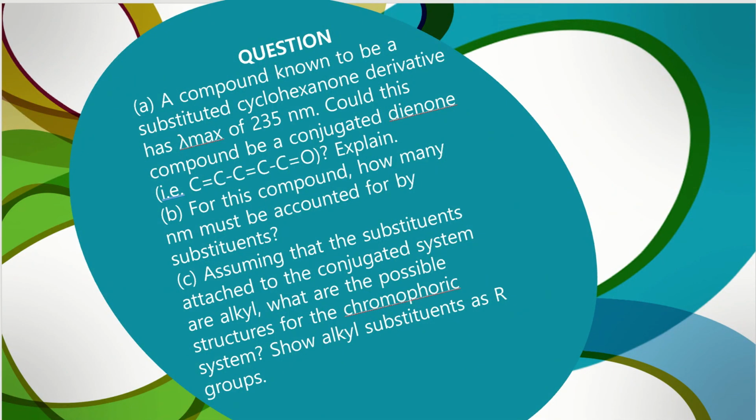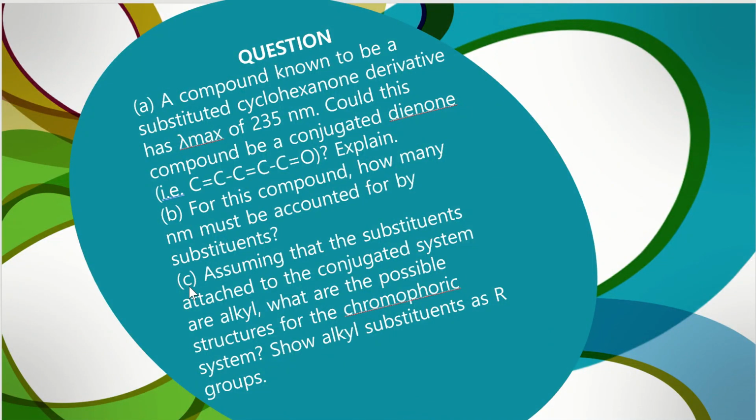All right, so to finish off, I'd love if you could attempt this question. A compound known to be a substituted cyclohexanone derivative has lambda max of 235 nanometers. Could this compound be a conjugated dienone? That is, this functional group. Explain. So that is part A. Part B says, for this compound, how many nanometers must be accounted for by substituents?